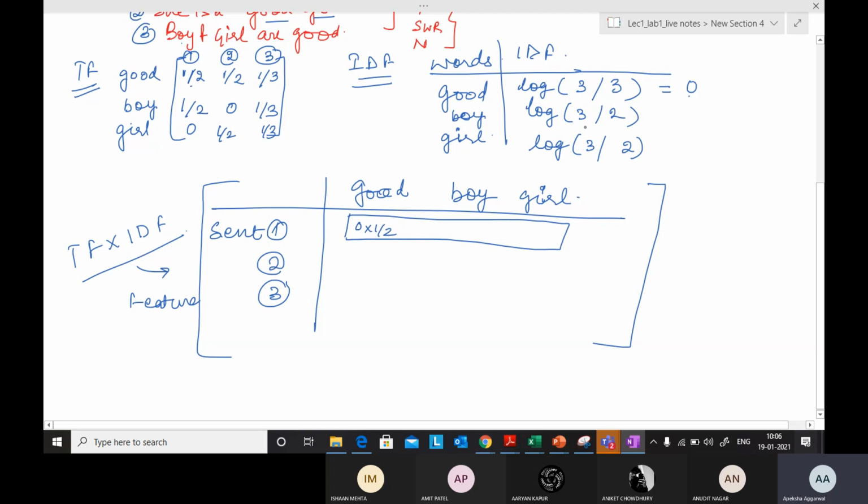Then again for boy, we would be having 3 by 2, multiplied by this 1 by 2, right? So log 1 by 2, log 3 by 2, right? Then again log 3 by 2 is multiplied by this 1 by 3, so 1 by 3, multiplied by 0 over here.